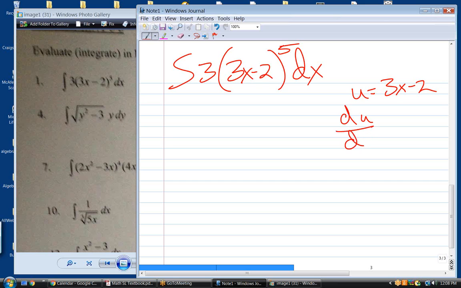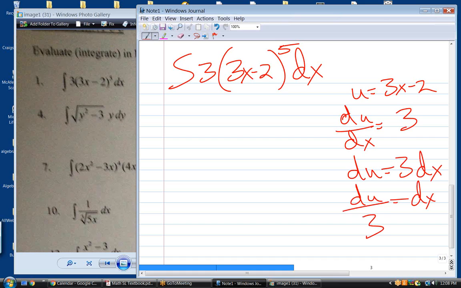What is du dx equal to? 3. So, du is equal to 3 dx, and dx is equal to du divided by 3. Understand all of those steps on the right side. You with me?